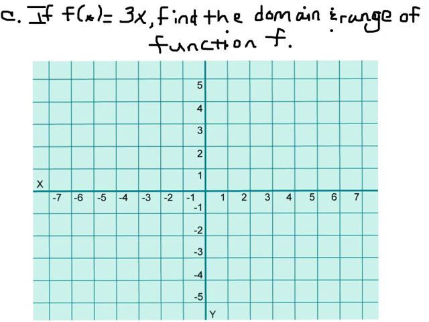Okay, and C tells us, if the function of x is 3x, find the domain and range of this function. So we could say it is y equals 3x plus 0. We're going to graph that. So we're going to start at 0 and go up 3 over 1, up 3 over 1.